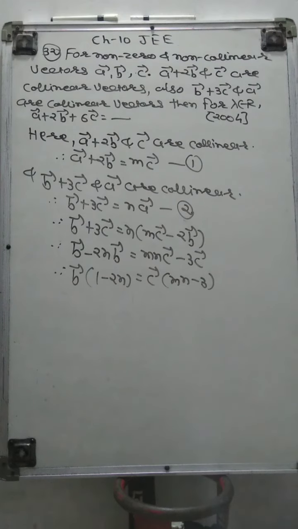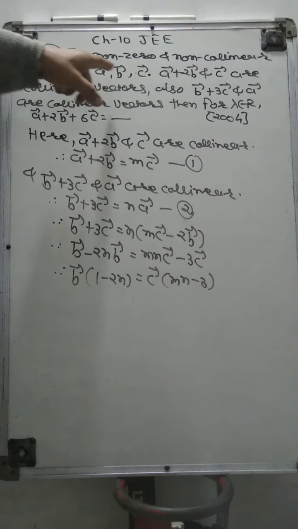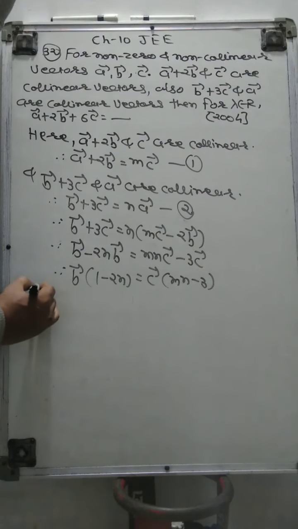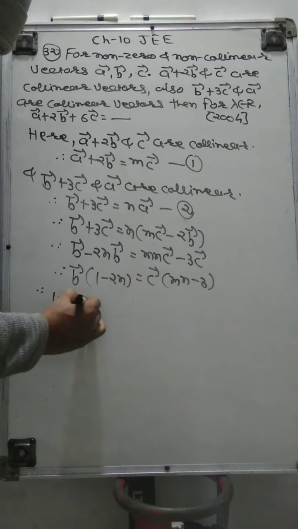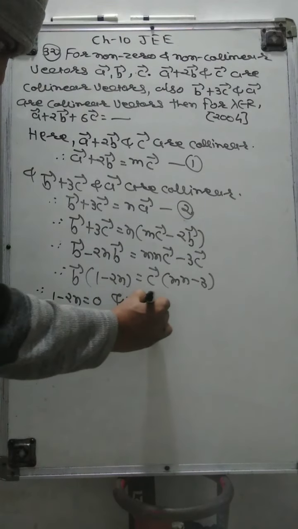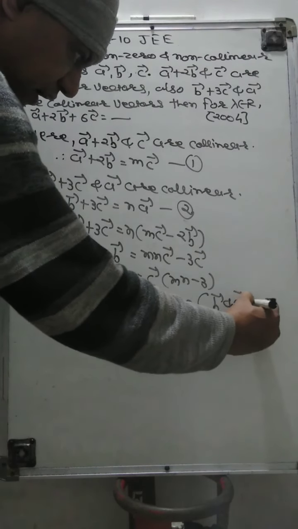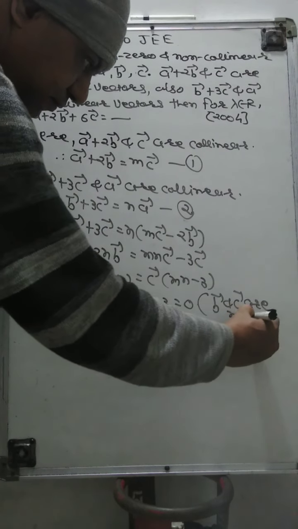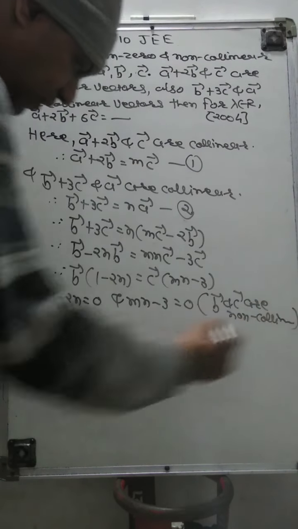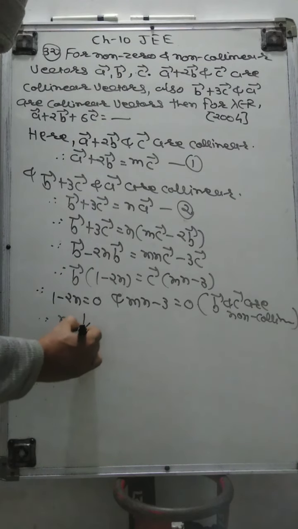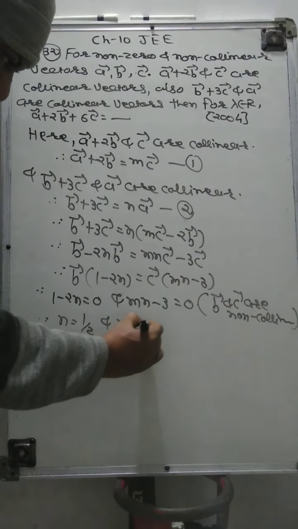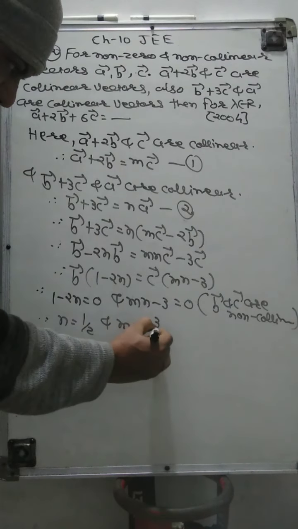Okay, now here b bar and c bar are non-zero and non-collinear, so 1 minus 2n and mn minus 3 are 0. 1 minus 2n equals 0 and mn minus 3 equals 0. So n equals 1 by 2 and m is 3 by n.